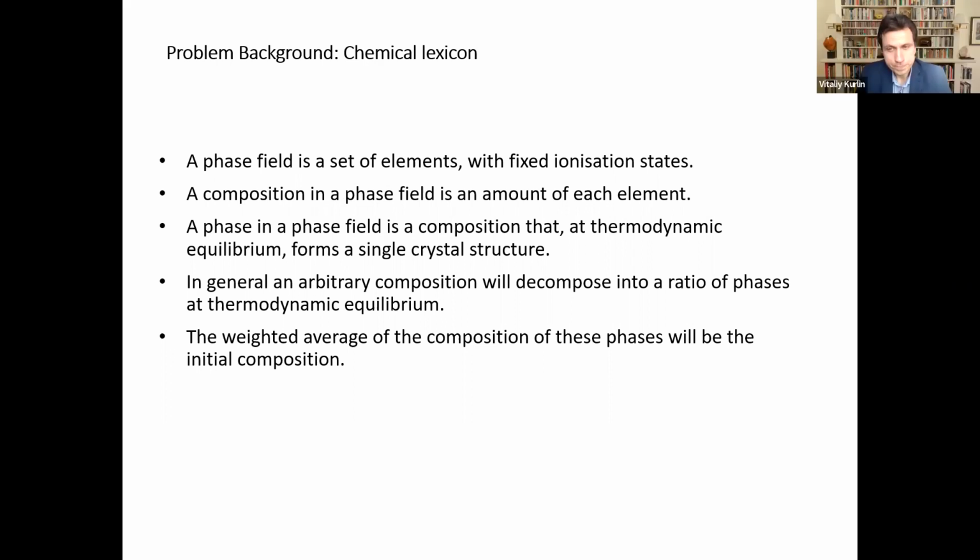In the work I've done, I'm assuming that this isn't the case. It's not like it breaks my approach if a composition does form multiple crystal structures. But for the work I'm presenting, we're assuming that a phase is a composition which forms a single crystal structure.